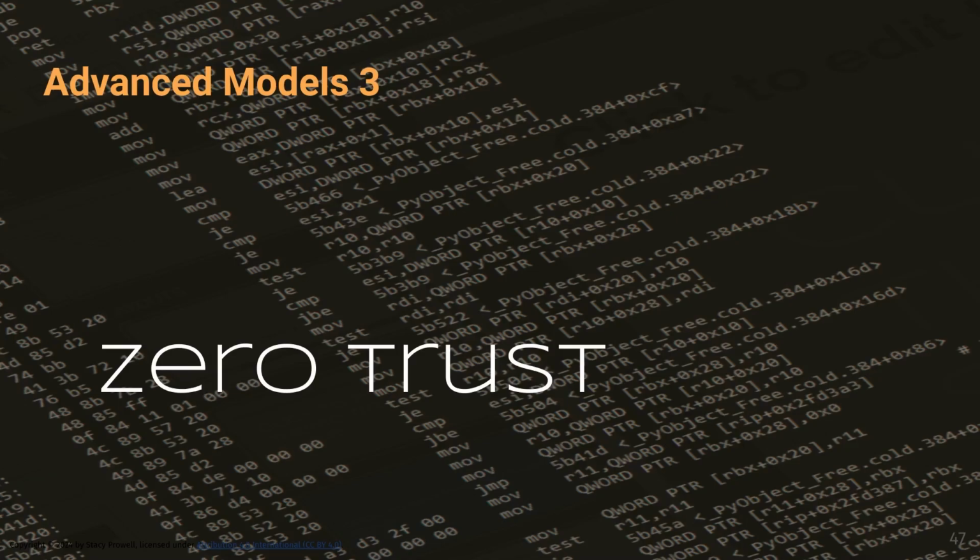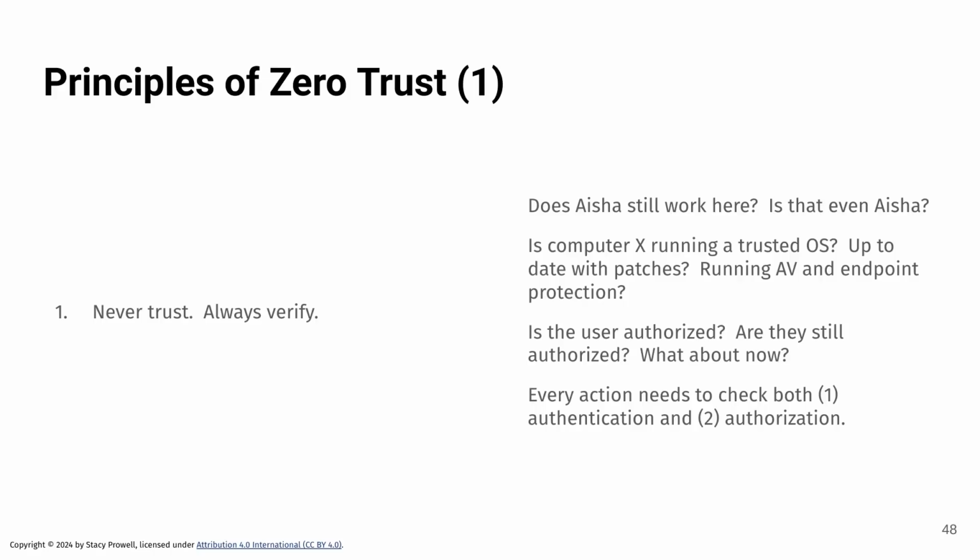And all of this together, the idea of the perimeter and the threats being inside my network and authorization and authentication and all of this takes us finally to the end of our journey and zero trust. Don't trust. Verify. So that's the basic principle of zero trust.